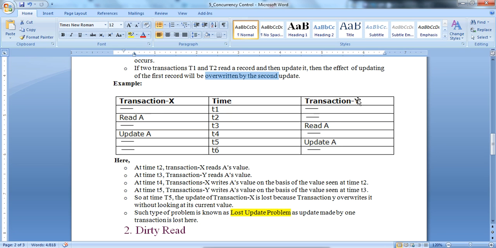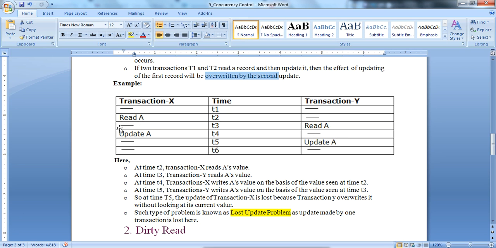Now transaction Y reads the A value, which is also 10. Now transaction X updates the A value from 10 to 20, and then transaction Y updates the value of A from 20 to 30.